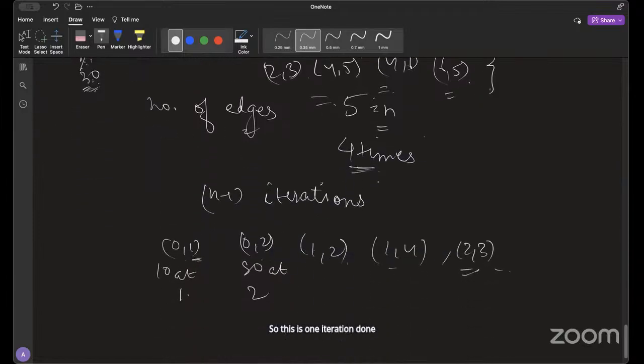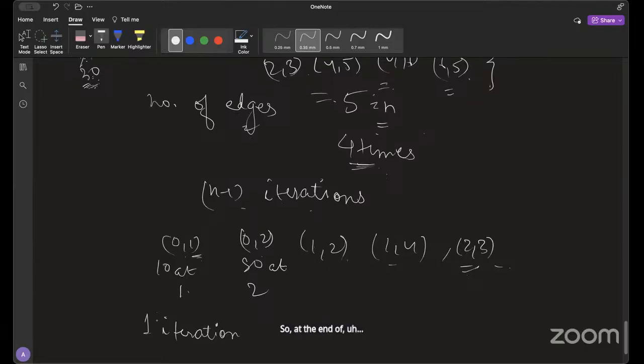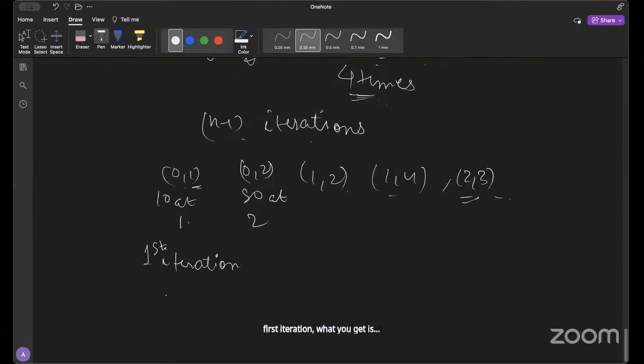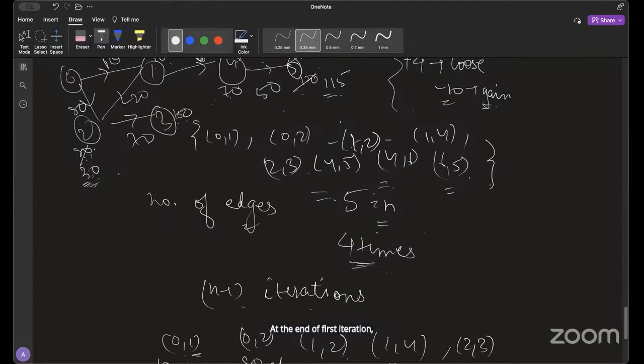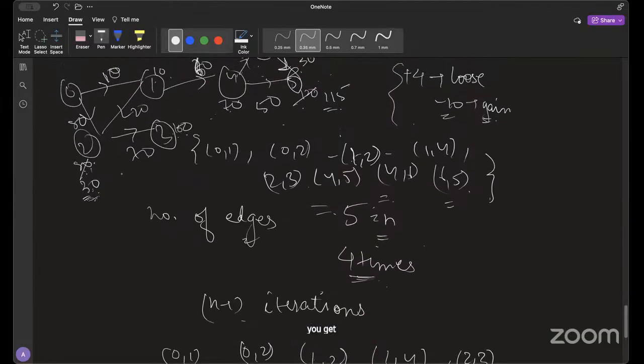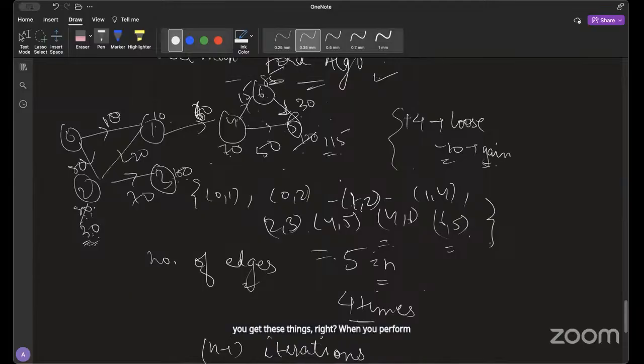You have to do 4 iterations, n minus 1 iterations. One iteration is done. So at the end of the first iteration, you get these things, right? Then you perform this thing again. I'm not writing what you're getting here.